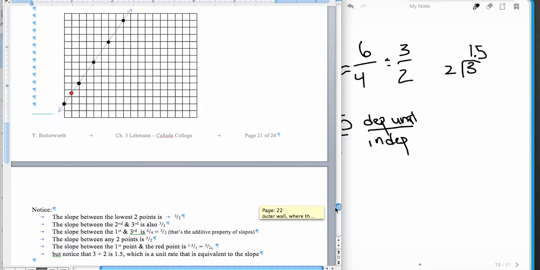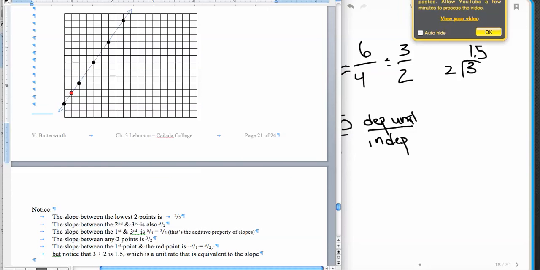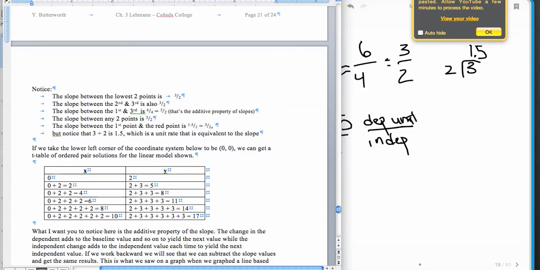So here's 0, 2. If I add 2 to that, I get the value for the x coordinate of the next one. And if I add 3 to that, I get the y coordinate of this next ordered pair. And that's the additive property of slopes.